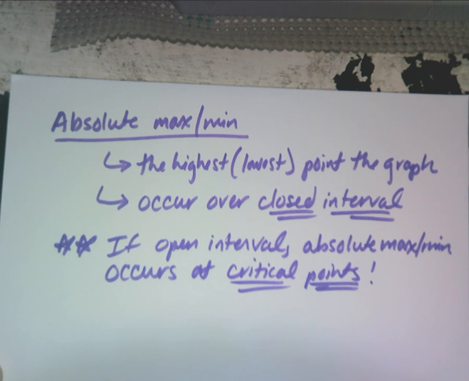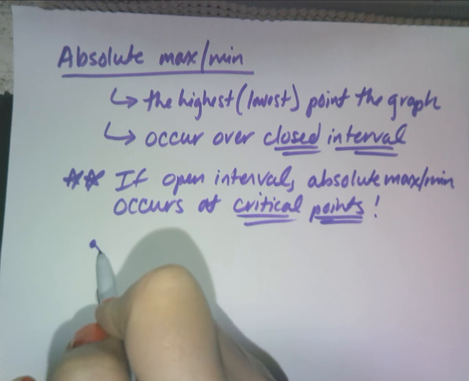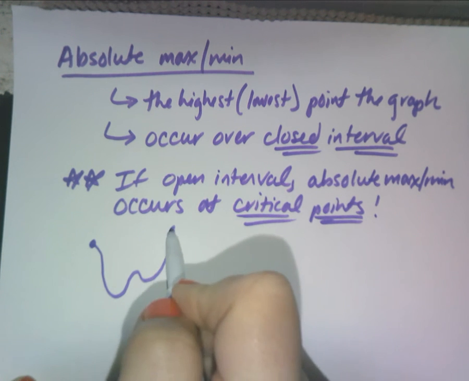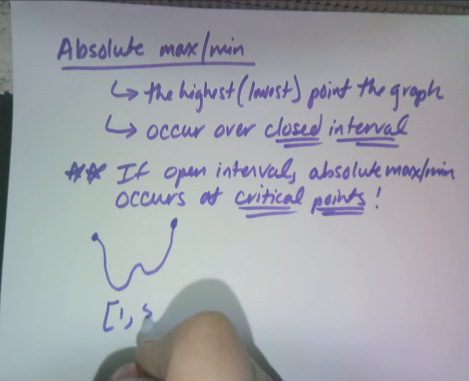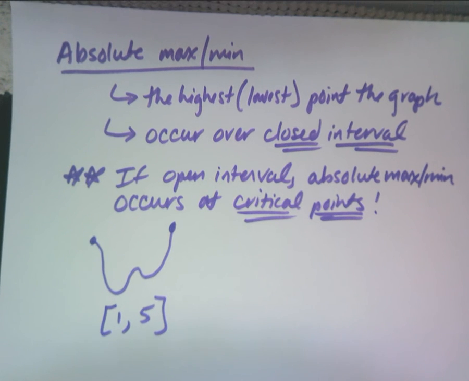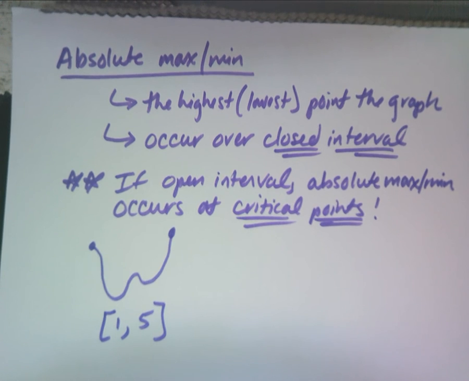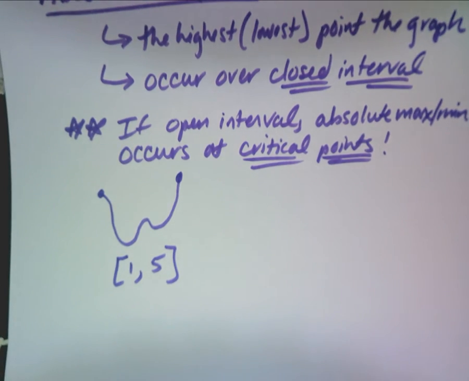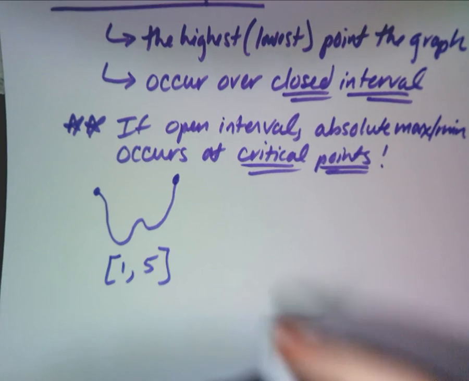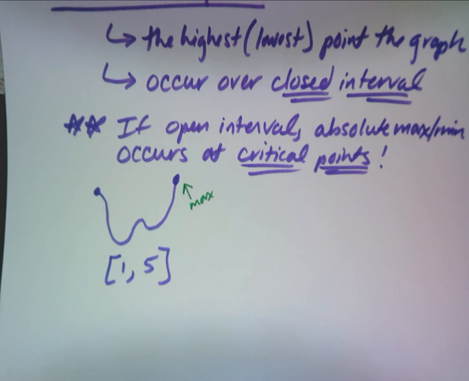Okay, so to give you an idea of what I'm talking about, you have this graph that they're going to give you, and they're going to tell you it's between 1 and 5. And then they're going to say, find the absolute max and the absolute min in this picture. Well, obviously, wouldn't you agree this would be the max of that picture?